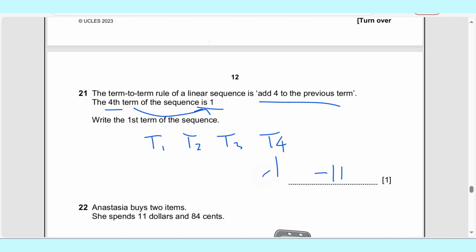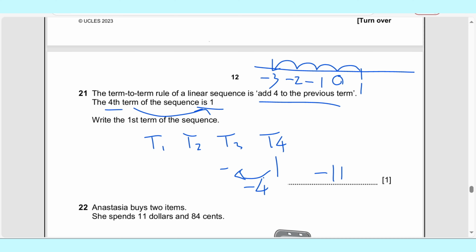So term 3 will be 1 minus 4. 1 minus 4 means we move 4 steps to the left, and we get minus 3.